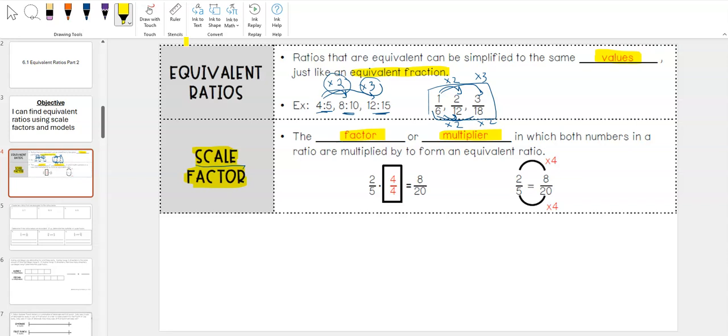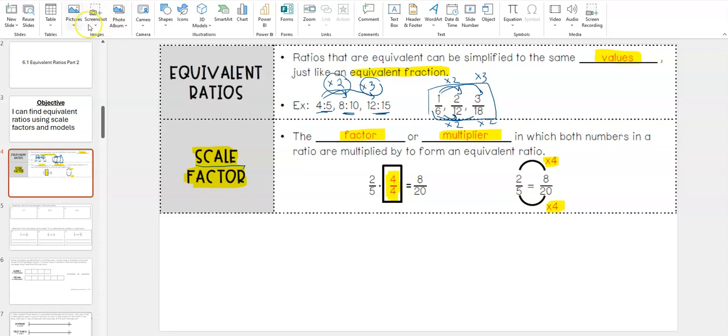So it's the number that you're multiplying by in which both numbers in the ratio will then be used to form an equivalent ratio. So here you can see that 2/5 or 2 over 5 is being multiplied by 4 on top and bottom. That's my scale factor. Here is another way to show it using this kind of rainbow method. That's the way that I usually prefer when I show scale factor.